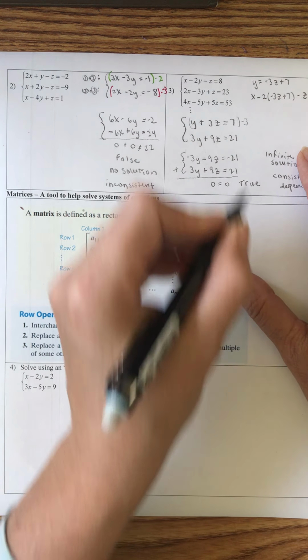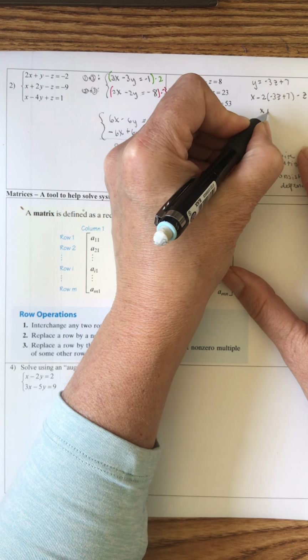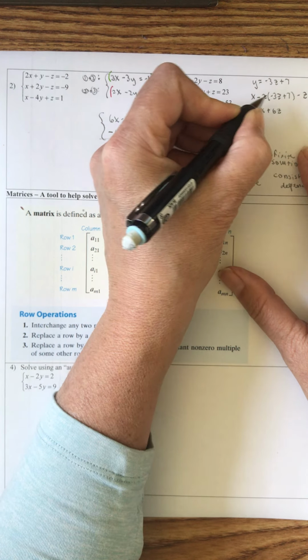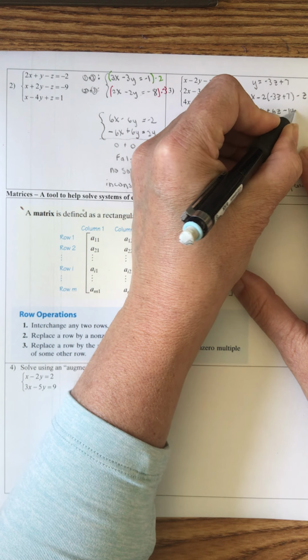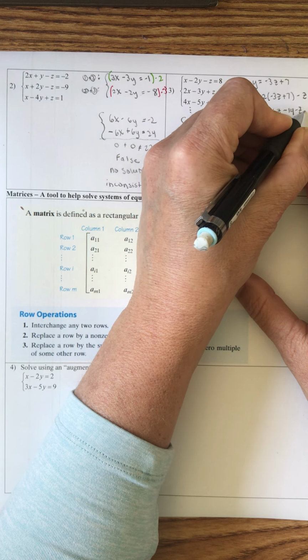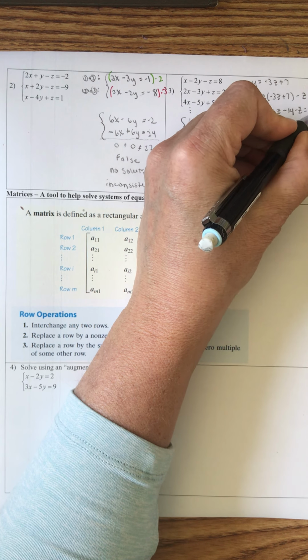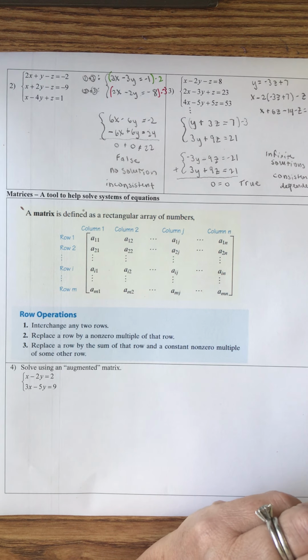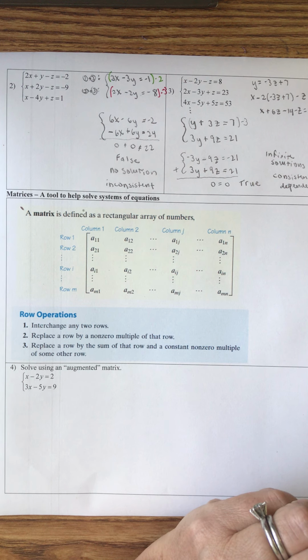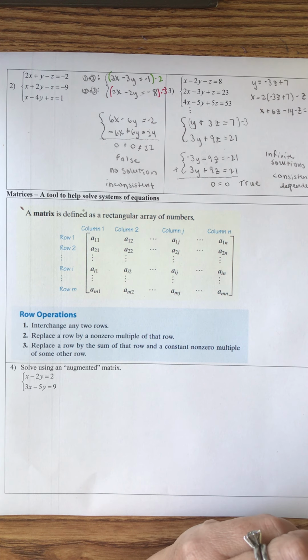Then I'm going to solve that and get x plus 6z minus 14 minus z equals 8. And then I'm going to solve that for x in terms of z.